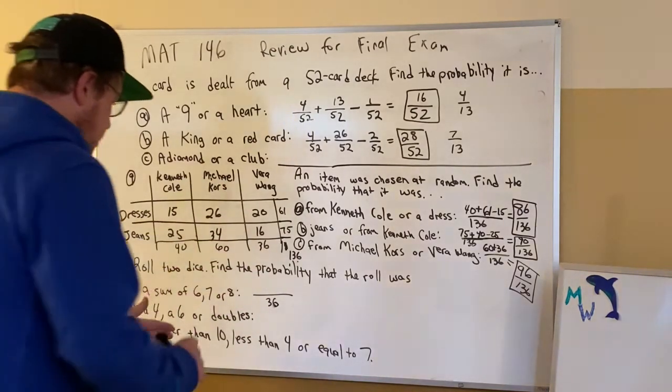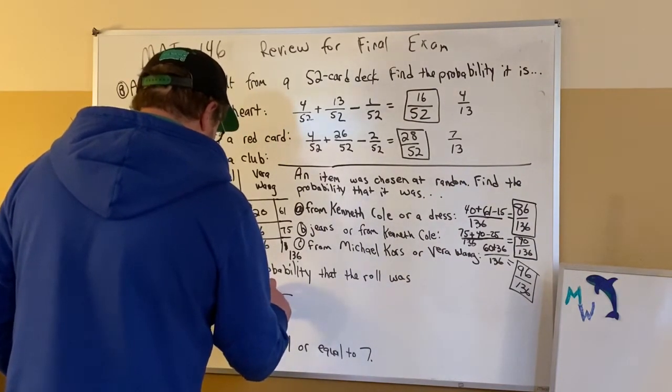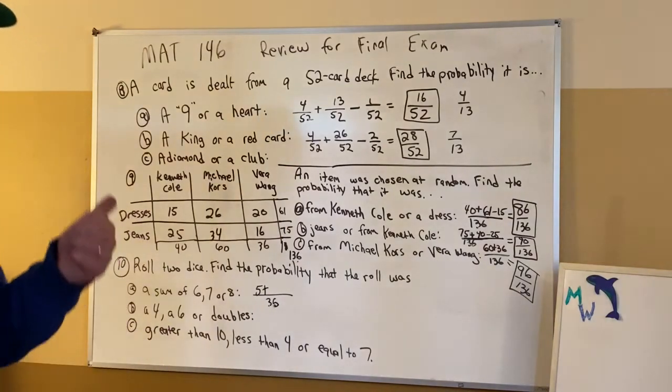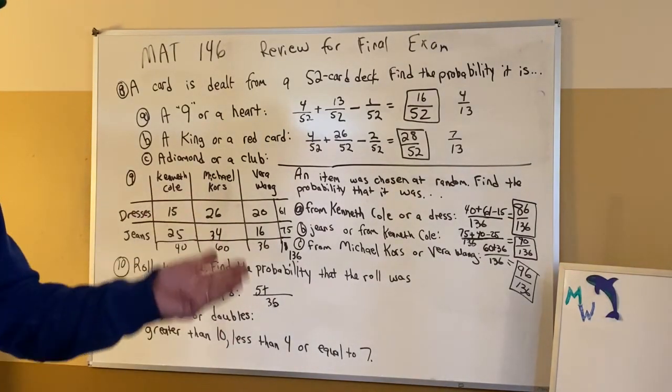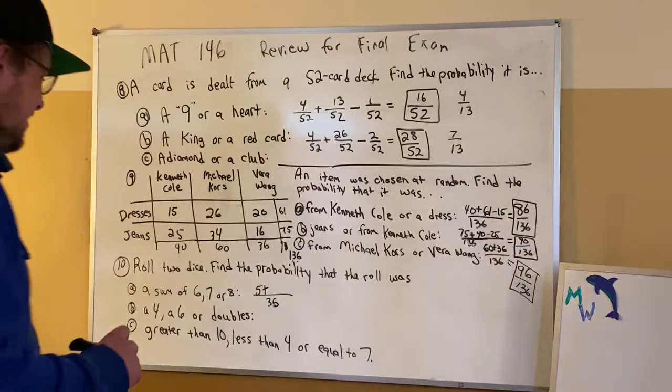There are 5 of those. Plus 7s. 1 6, 2 5, 3 4, 4 3, 5 2, and another one, 6 1. We got 6 of those.